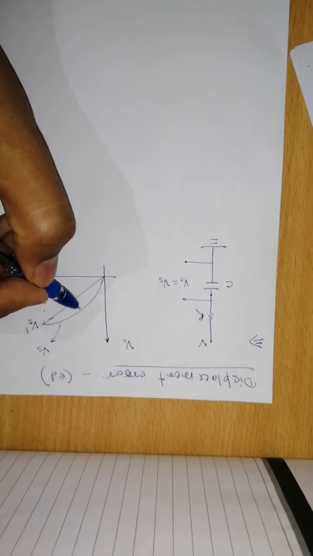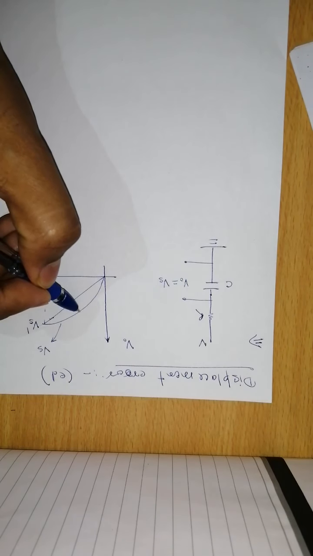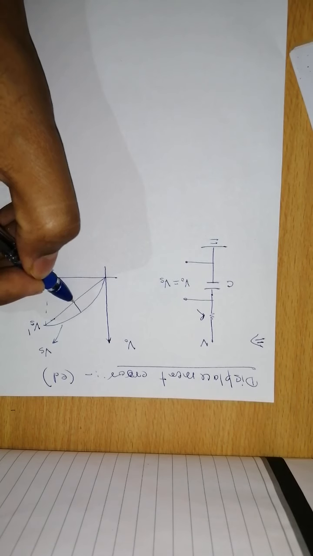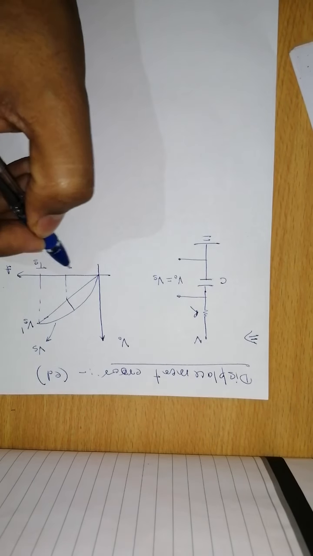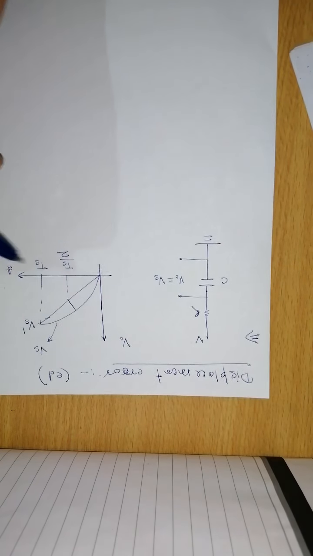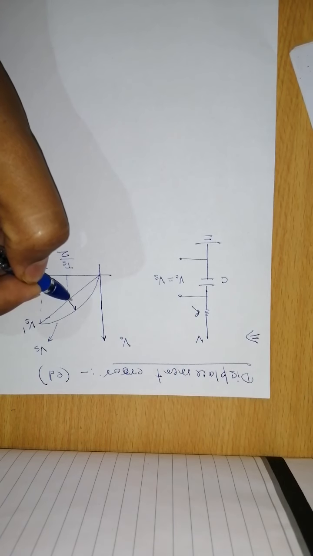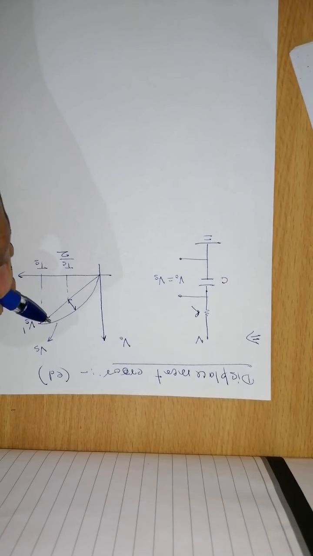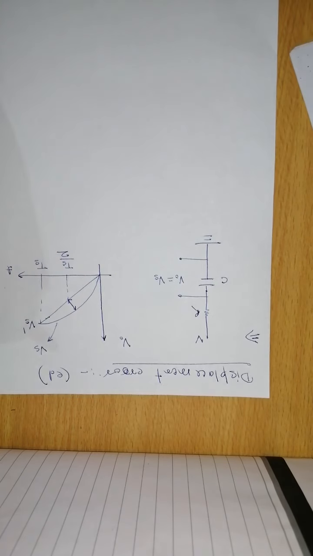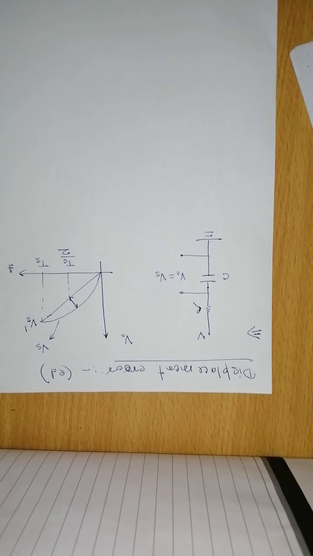So where in this graph do we get the maximum difference? It is at nearby Ts by 2. So this is the maximum difference that we have to calculate.